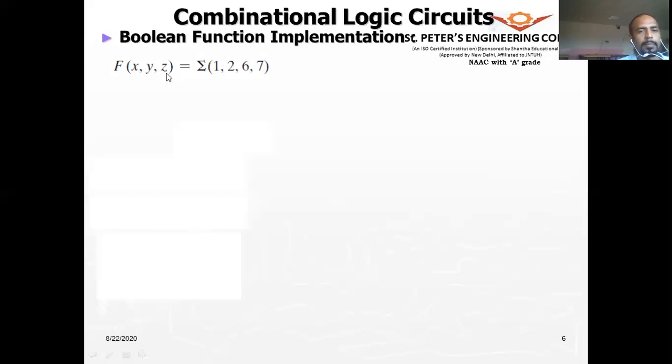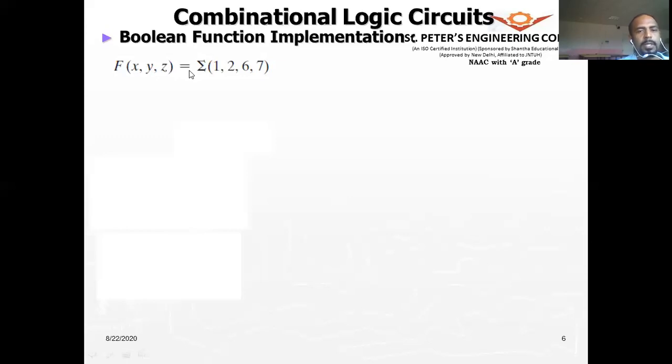So that will be the input. Now, the function output is 1 for the minterms M1, M2, M6, and M7. That is the definition that we understand from this equation here.